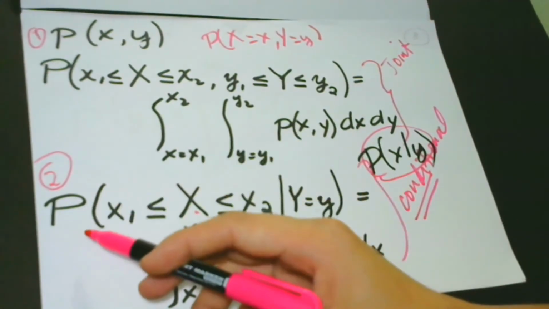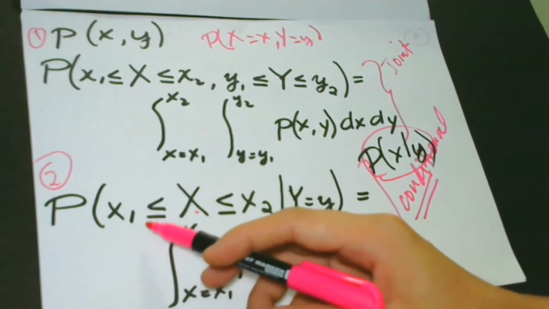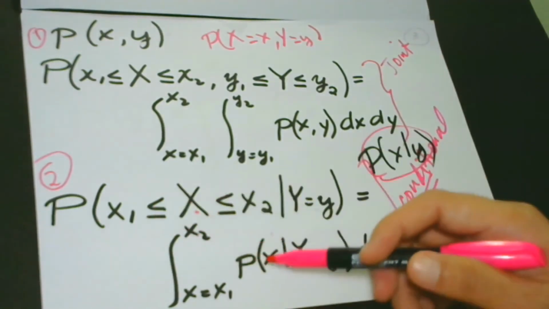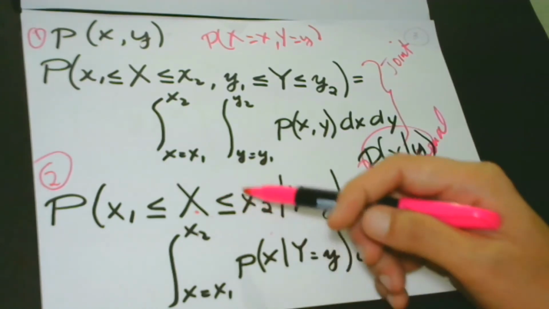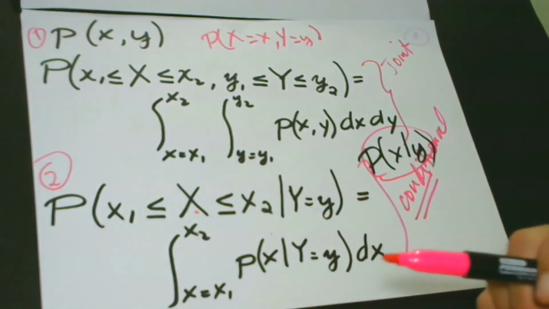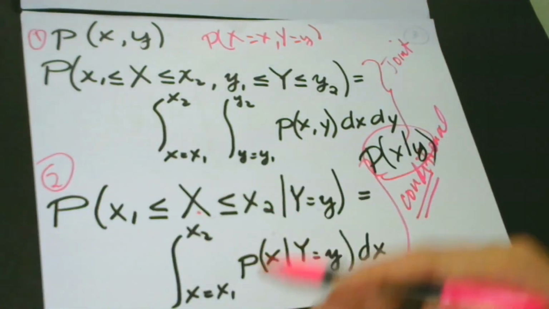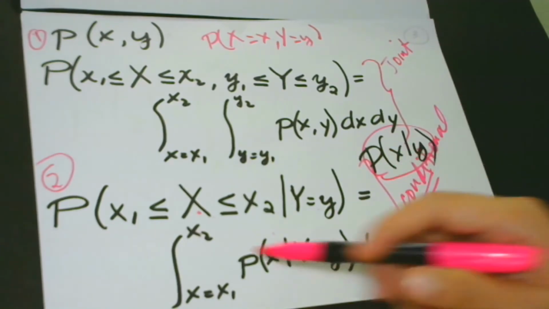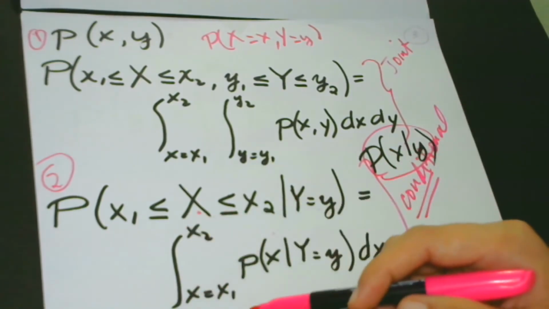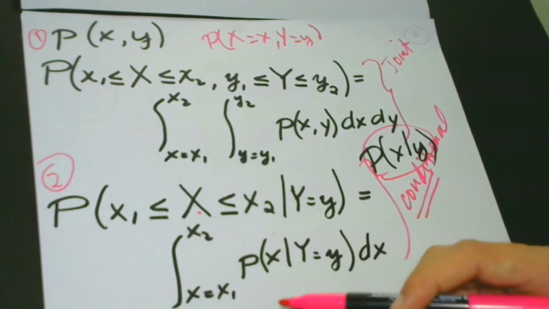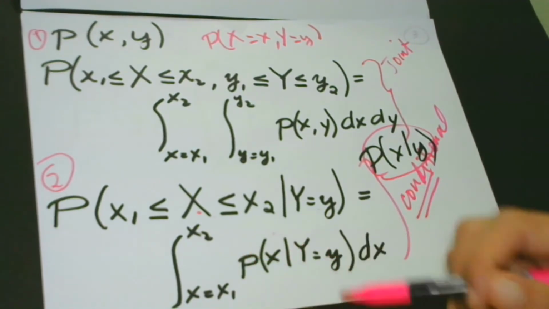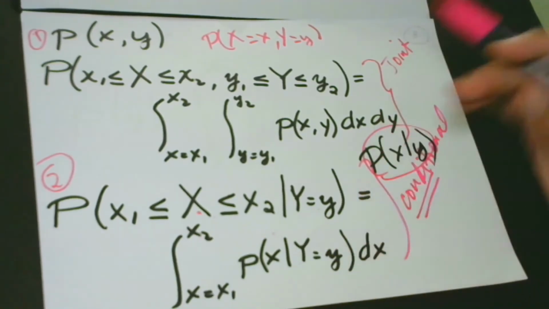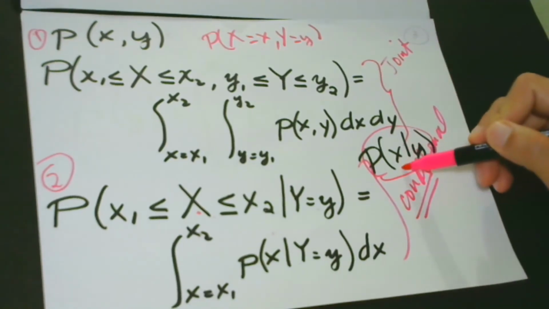We have the probability of x1 less than or equal to x, less than or equal to x2. So again, this is what we call the interval, given that y is equal to the small y, which is equal to the definite integral from x1 to x2 of p(x | y = small y) dx. So this is actually the shorthand expression.